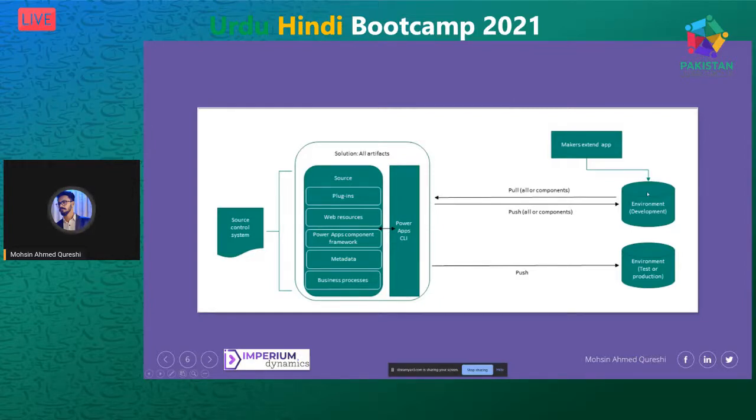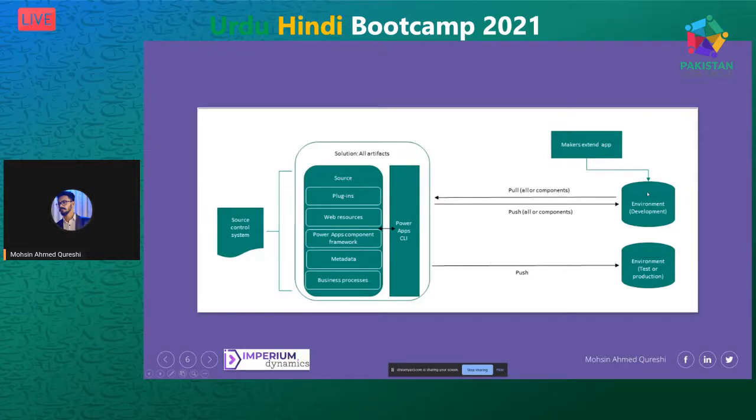We'll get all the benefits that we usually have with source control systems. We'll be able to see who checked in this code and when this code was changed. We can also see the previous code iterations. If you overwrite something and you want that back, then you don't have it on the Power Platform. But if you have implemented ALM, then you can still have it on your source control system.